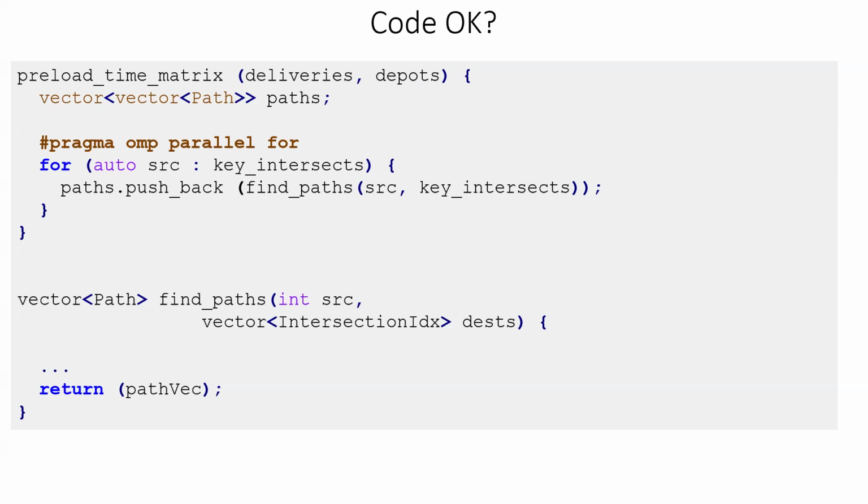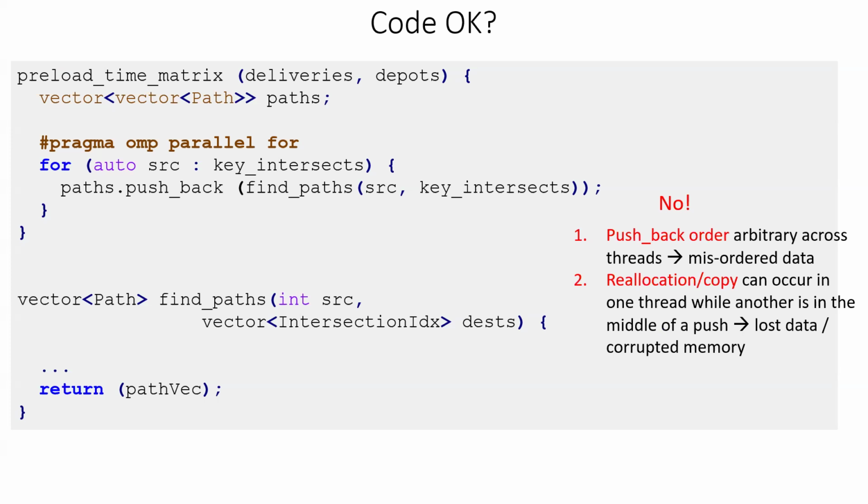Yeah, using pushback, first the order will get messy. And second, if the program is doing reallocation copying when they're doing pushback, and if it happens right in the middle where another thread is doing the same thing, it will get memory corruptions or lost data or something you don't want.